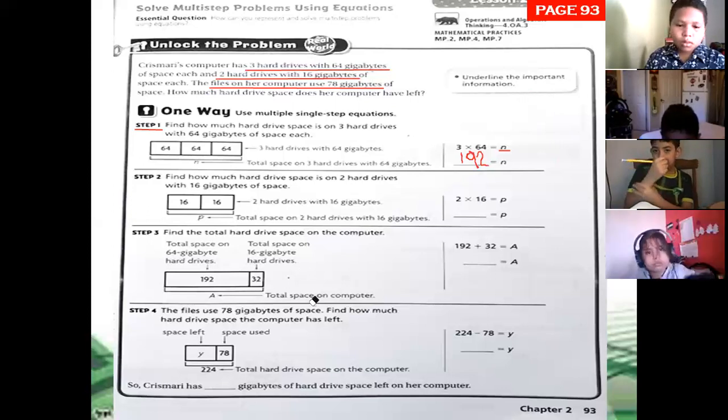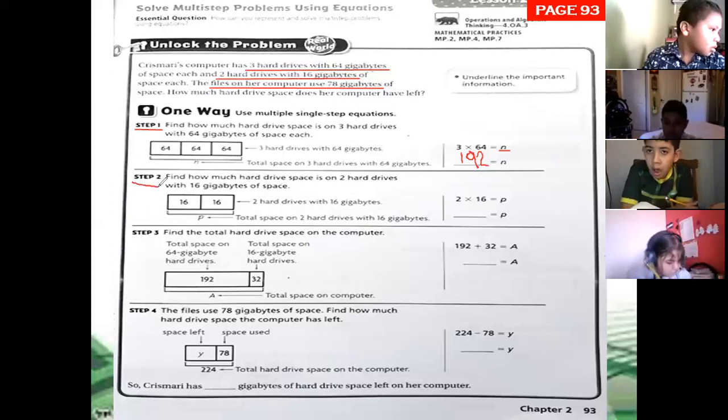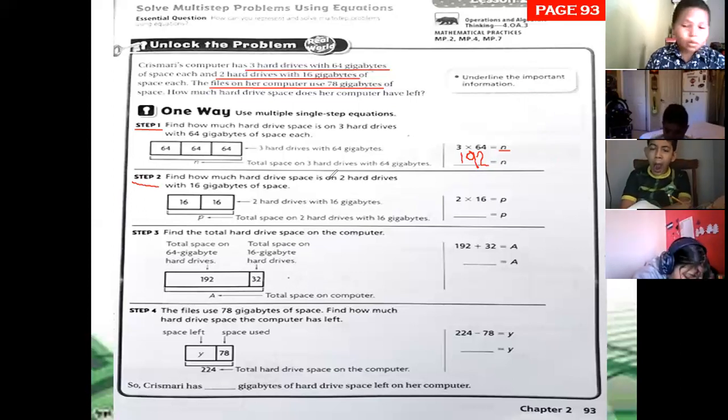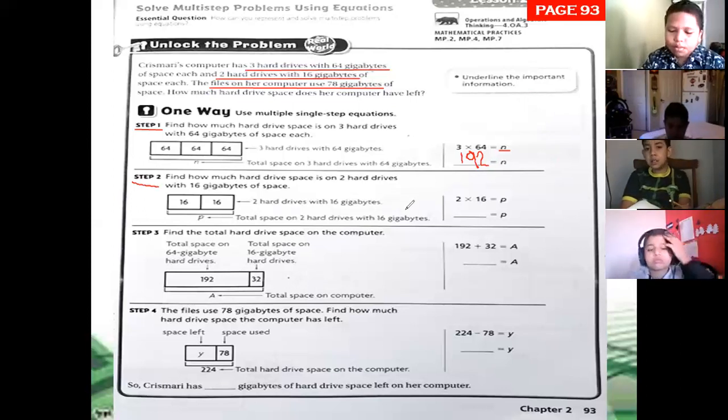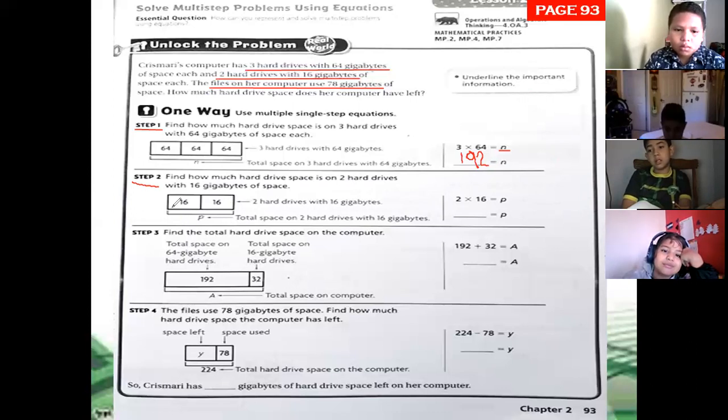Now, step 2. Find how much hard drive space is on 2 hard drives with 16 gigabytes of space. So you have 16 times 2. So let's multiply 16 times 2.